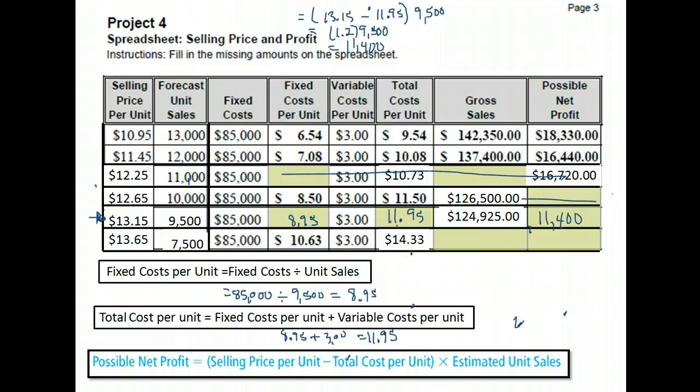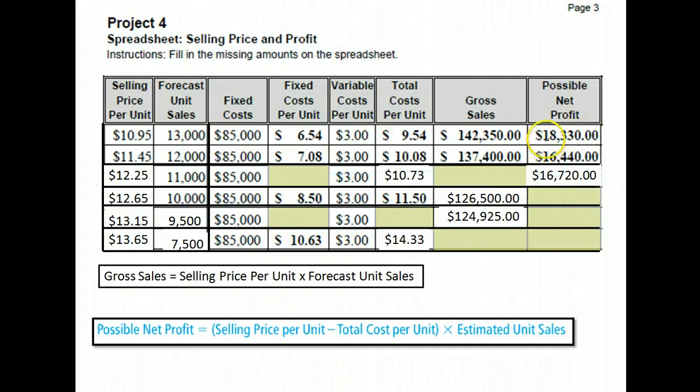Okay, on to the last line of our spreadsheet. So the last line has 2 blanks missing. You are missing the gross sales and the possible net profit. Again, the gross sales is how much you're going to get in sales before you take out any of the cost. So you take your selling price per unit, which was $13.65 for that last line, times your forecasted sales, which was 7,500.